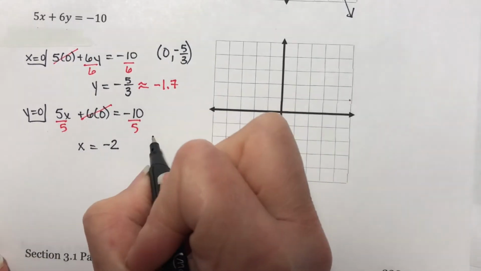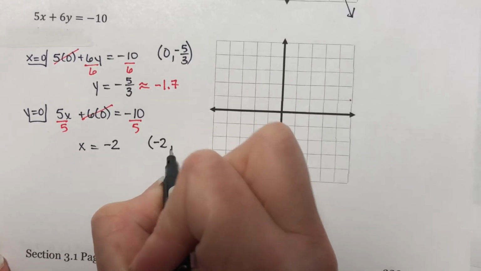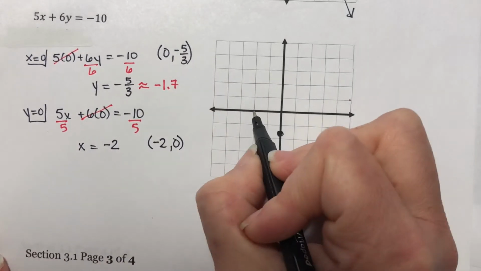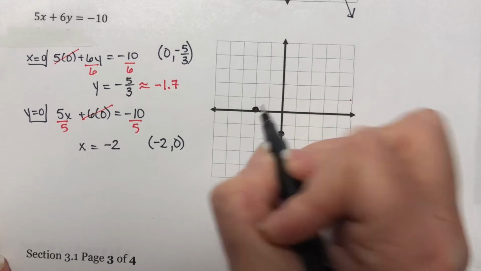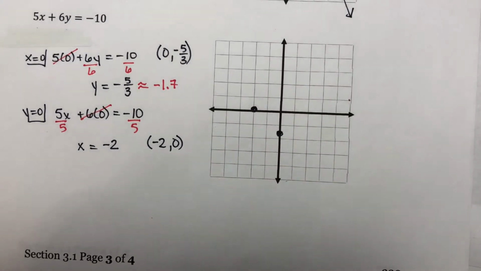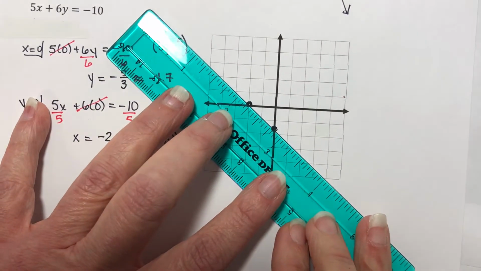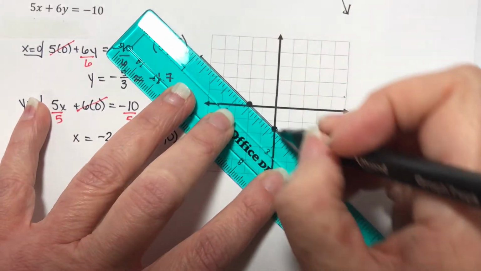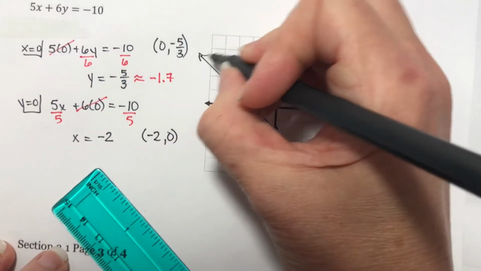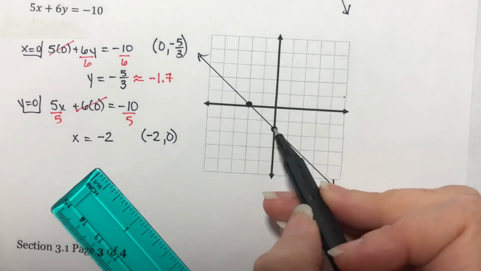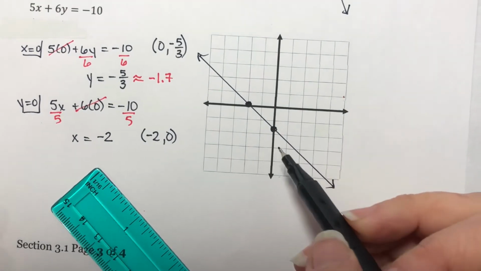So I have the point negative 2, 0. Negative 2, 0 would be right there. And my graph is right here.